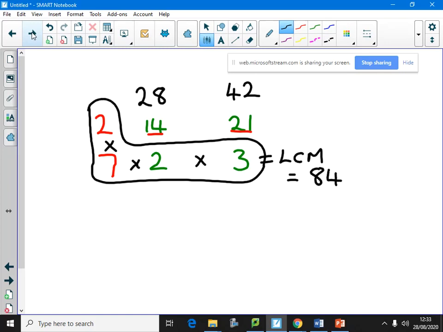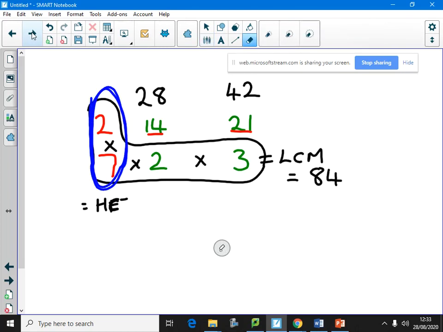Right, that's our LCM. And then make your high-rise. That equals HCF. Oh, sorry. HCF is 2 times 7, that's it. So that's 14.